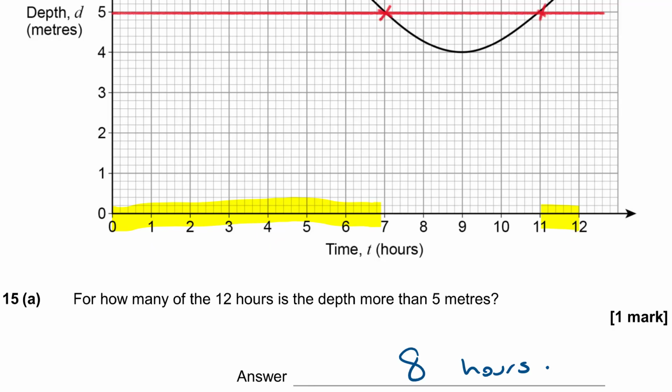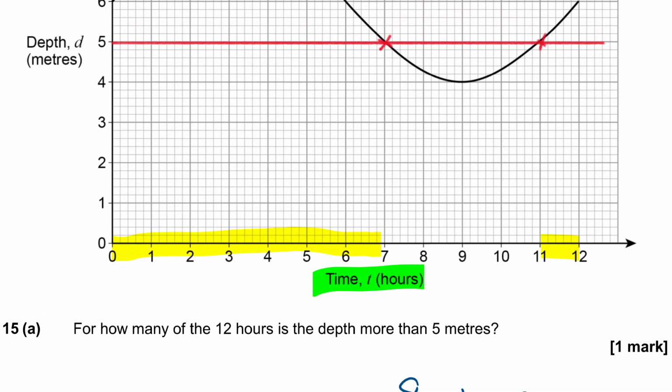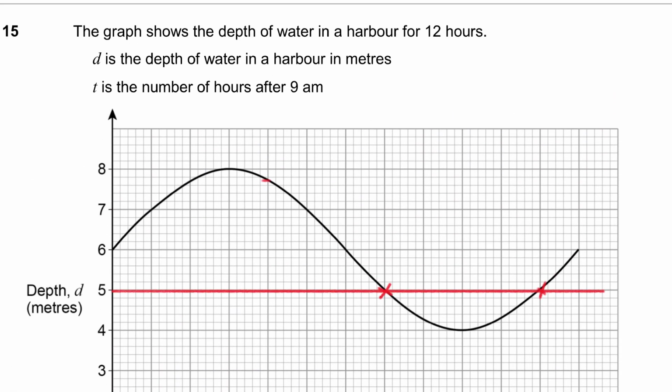Now, on this scale, I have got time t hours. That is not the time. So that 4 there doesn't represent 4 p.m. or 4 a.m. What it represents, it tells you up here, look.